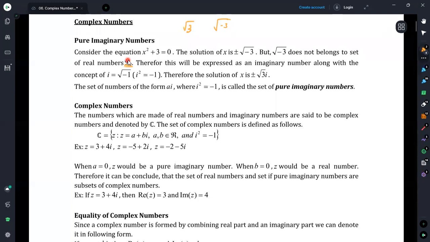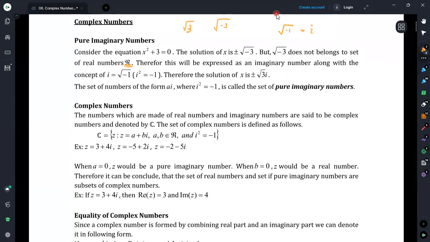Instead of finding the square root of minus 3 under the real numbers, we find a solution inside the imaginary numbers. In the imaginary numbers, we follow the concept of square root of minus 1, which we denote using the letter i.